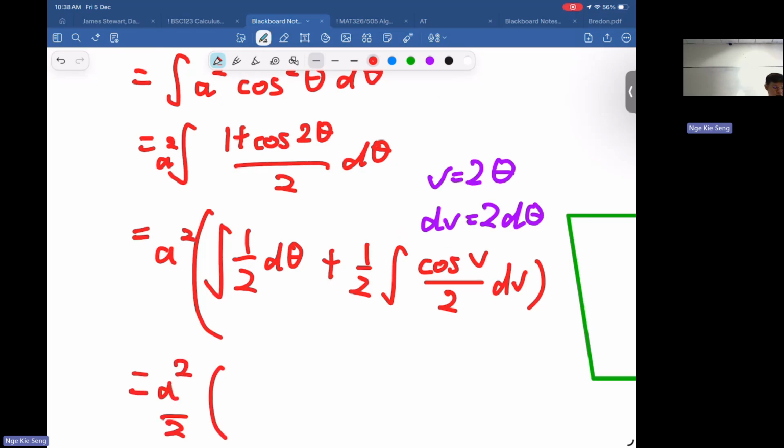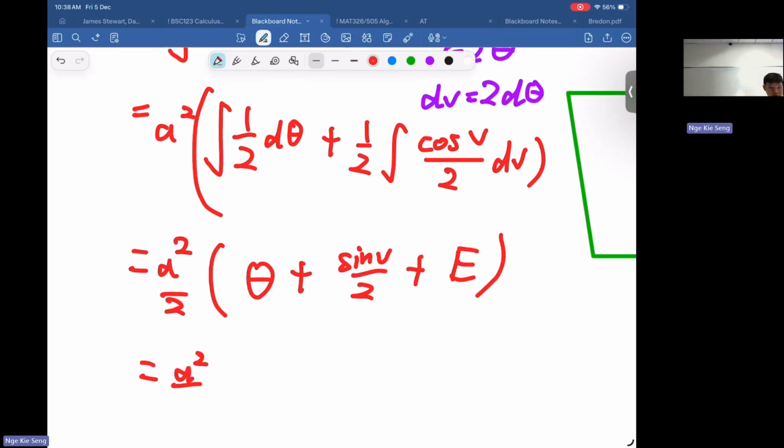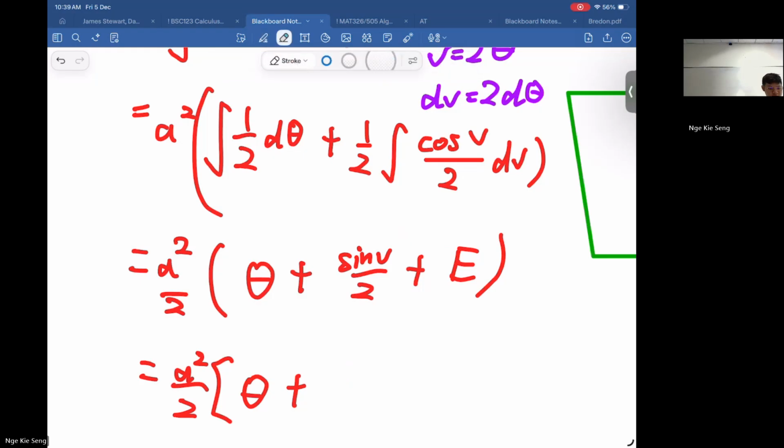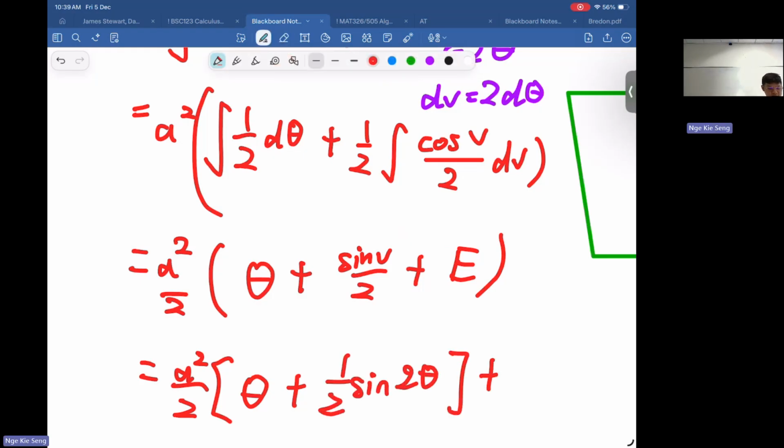Let's pull the 2 out, then we get theta plus sine v over 2 plus some constant. If we put everything together, we get theta plus half of sine 2 theta plus c.